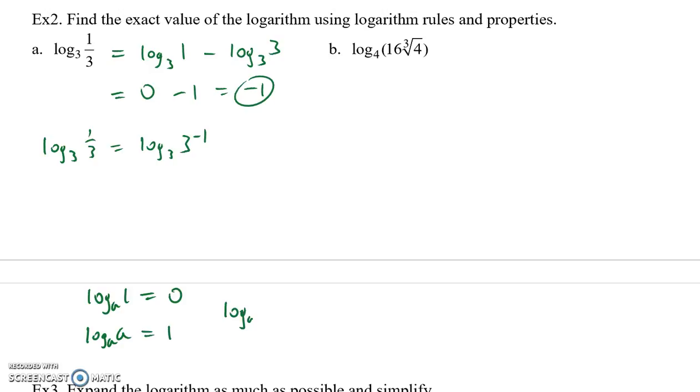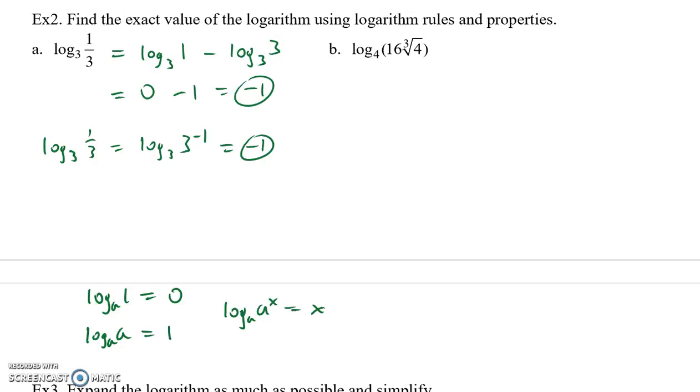Log base a of a to the x is equal to x for any base a. And if we have log base 3 of 3 to the negative 1, this is sometimes referred to as a cancellation property of logarithms. We can cancel, and we just get what's in the exponent, negative 1. So there's a second way we can obtain negative 1.